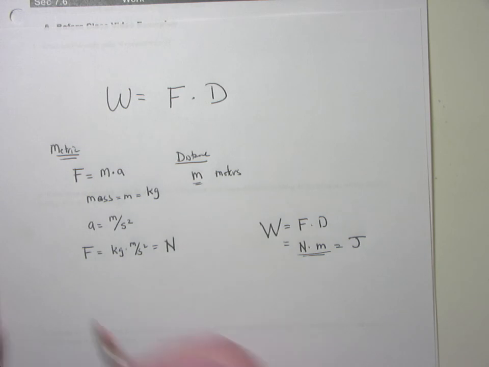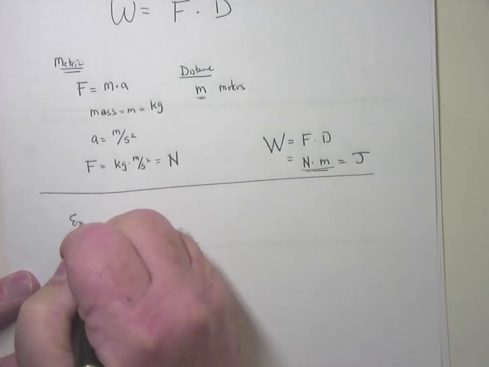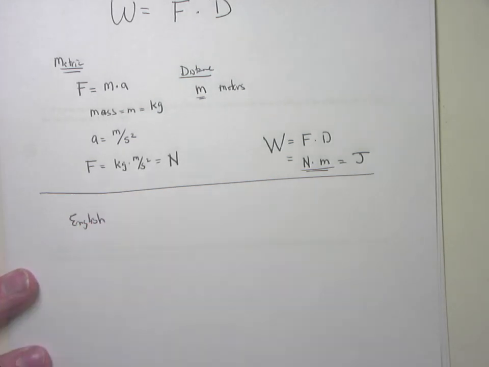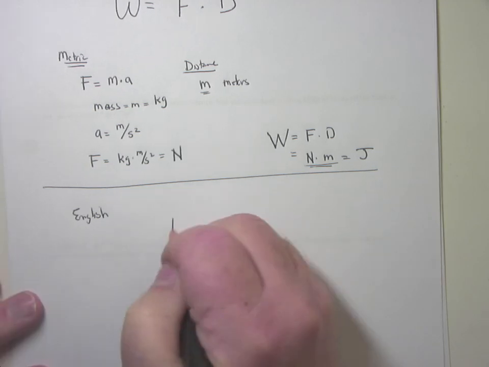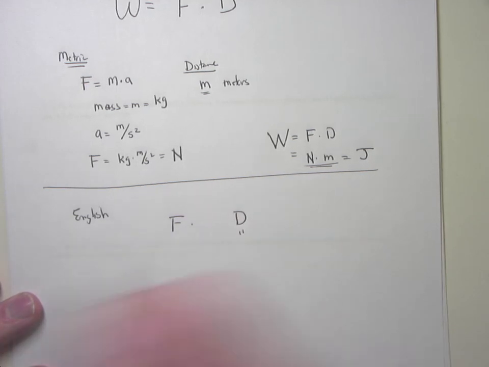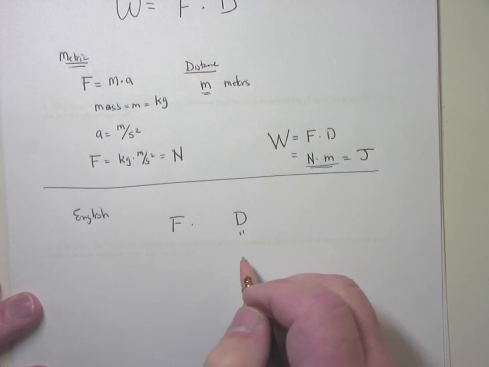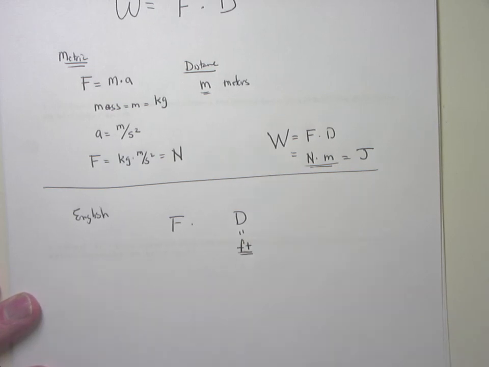Now, compare this to the English system. In the English system, the numbers don't work out so well, but it's so much easier to use. So first thing here is you've got force times distance. The distance in the English system is measured in what? The standard unit is the foot.